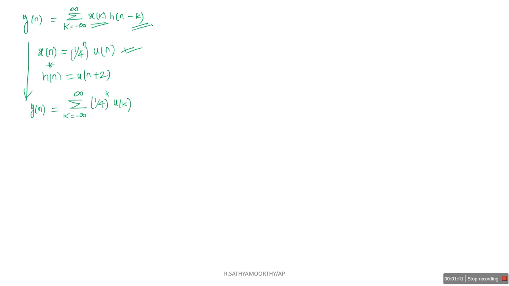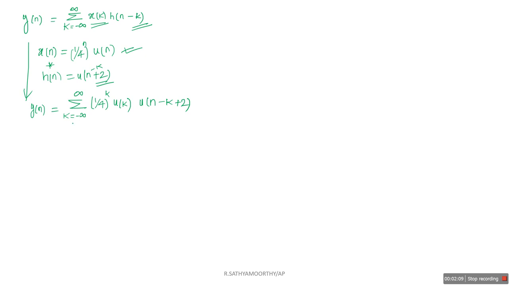And for h of n, we delay n by k samples, n minus k, so we obtain u of n minus k plus 2.